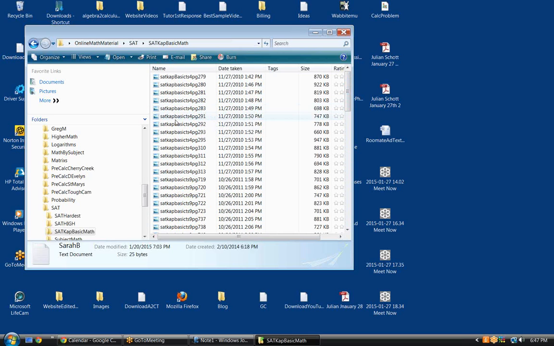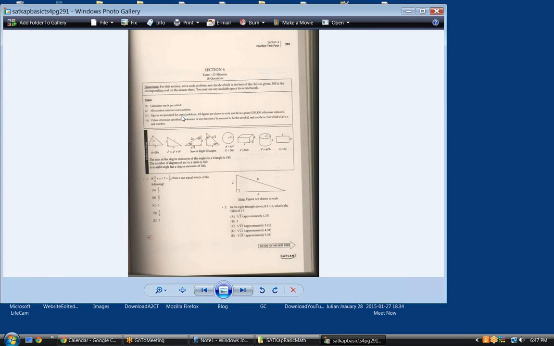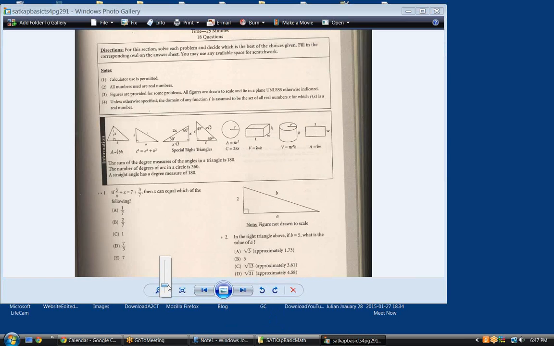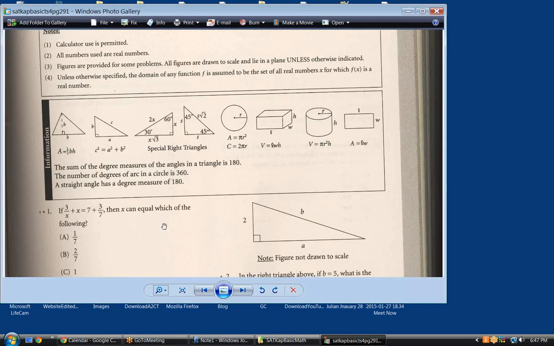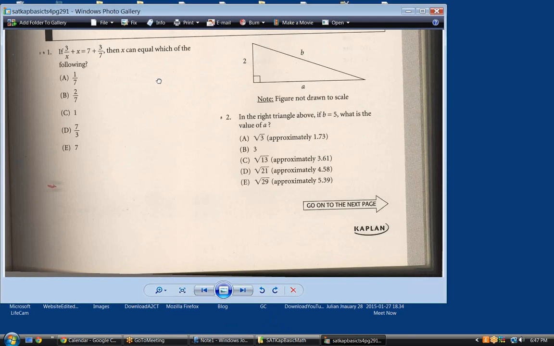I see a 283. I must have been guessing. We'll start here. We probably don't need to start at 1, but we've only got 13 minutes. Let's go ahead and do 1.